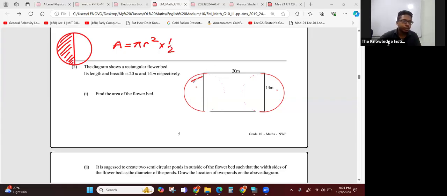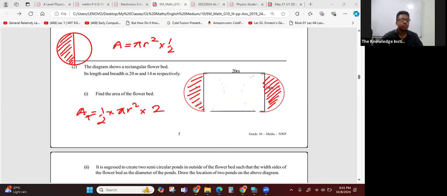So likewise, if you check here, you have a semicircle, half a circle. Therefore, area will be A equals half into pi r squared. But then again, you have another semicircle with the same area. Then the total area, let's say A total, means the area of this semicircle and this semicircle.